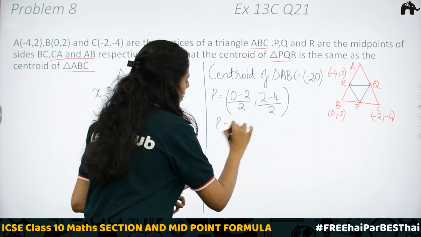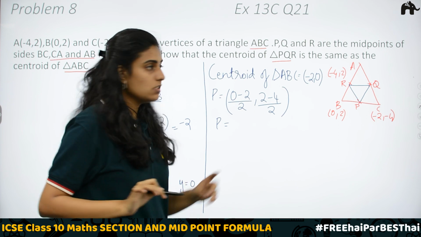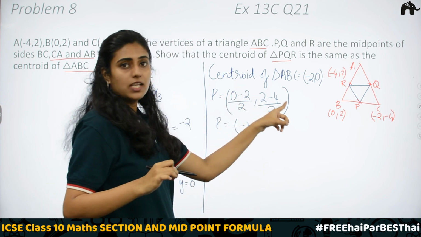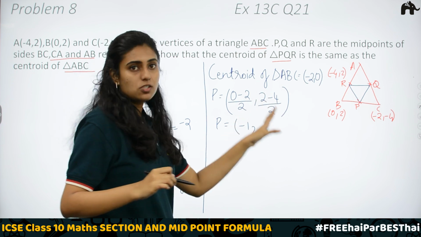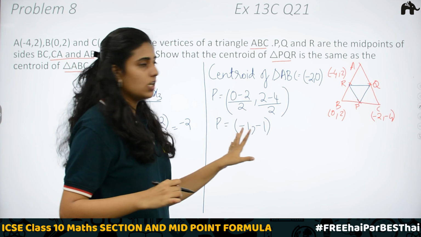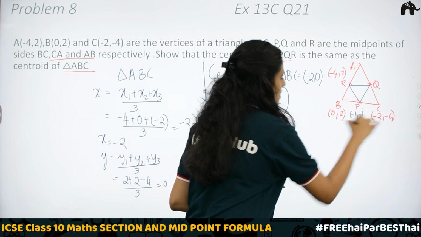That is, 0 minus 2 is -2, -2 by 2 is -1. 2 minus 4 is -2, -2 by 2 is -1. Coordinates of P are (-1, -1).